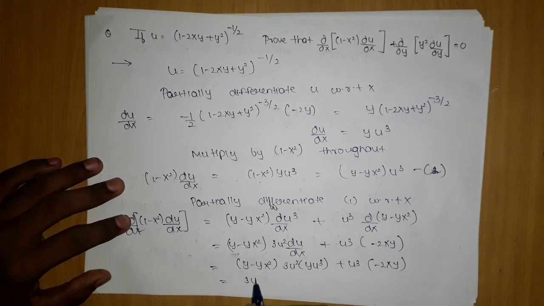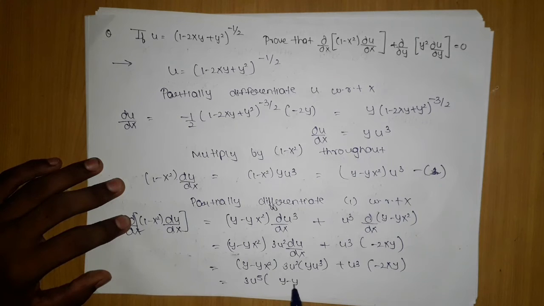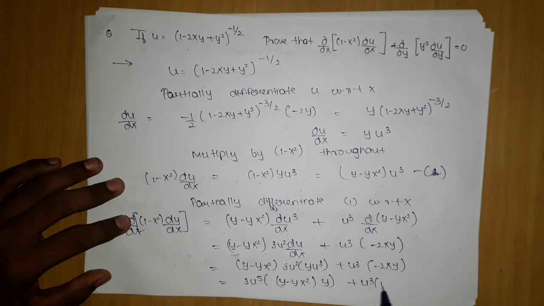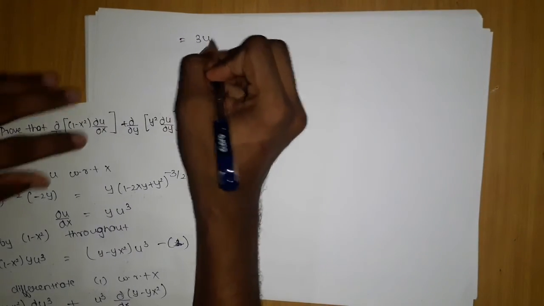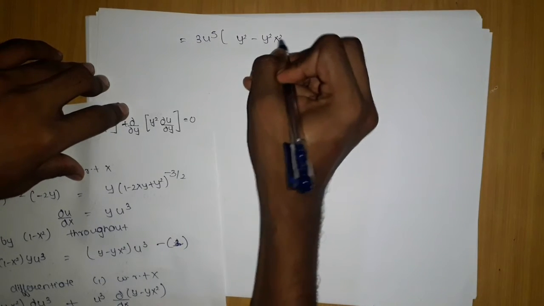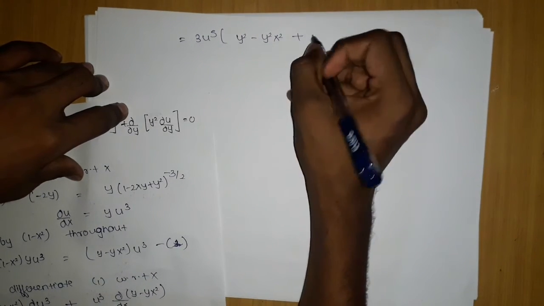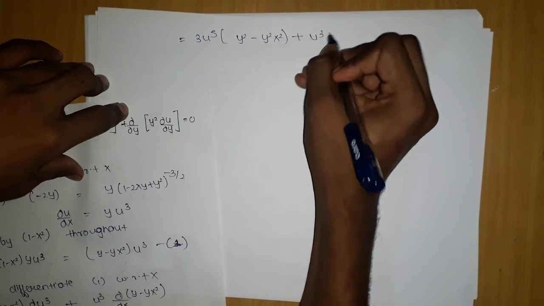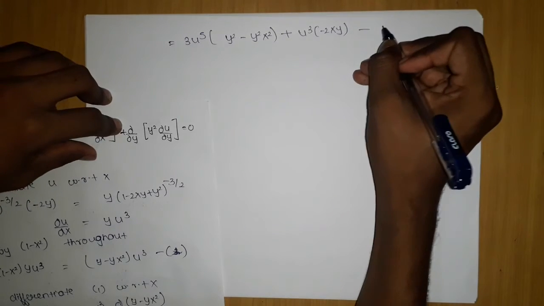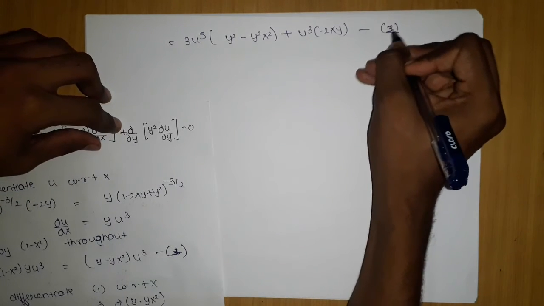If I simplify, 3u⁵ (y − yx²) y + u³ (1 − 2xy). If I further simplify, what I am going to get is 3u⁵ (y² − y²x²) + (u³ − 2xy u³). So this is my equation 2.